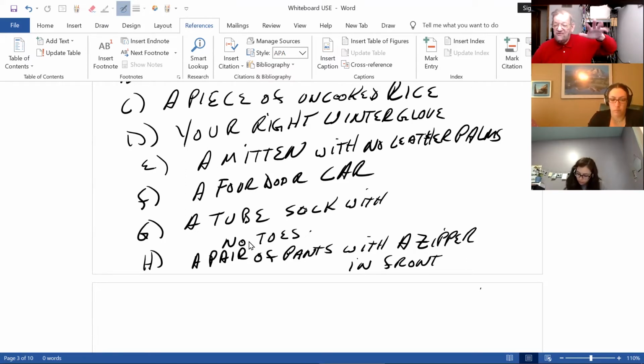How many have seen the tube socks that they sell only for women? They have the toes in it. Men's never do. That's not what I'm talking about. And finally, a pair of pants with a zipper in front. You could have pockets in the back. Which are those, chiral or achiral? Achiral, something that has a superimposable mirror image. Chiral, something that has a non-superimposable mirror image.